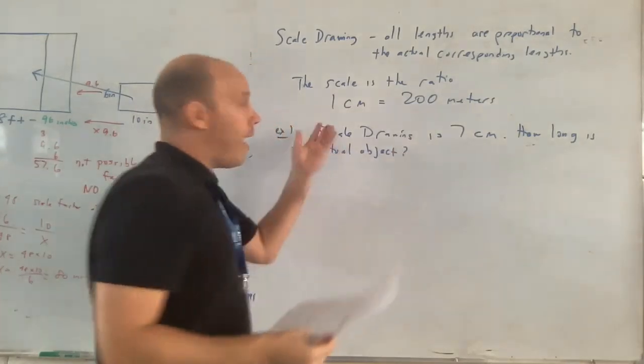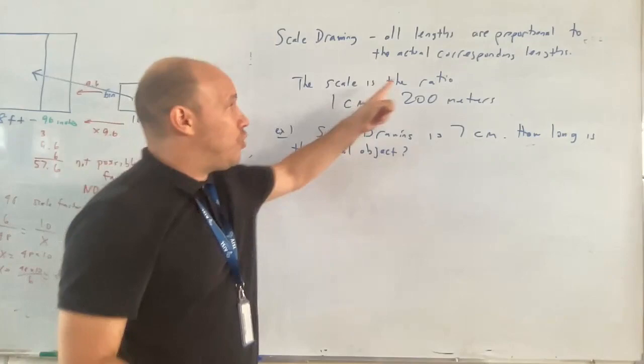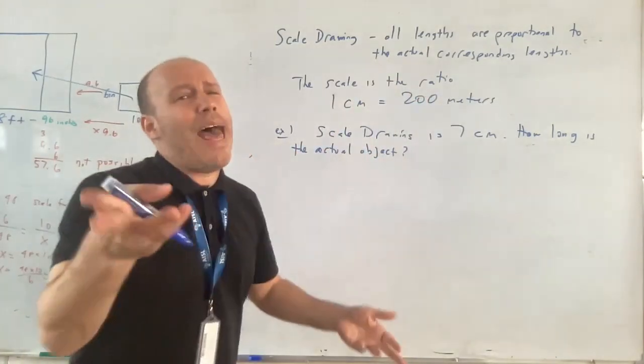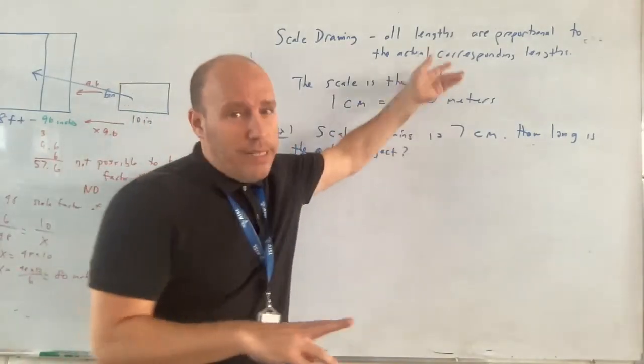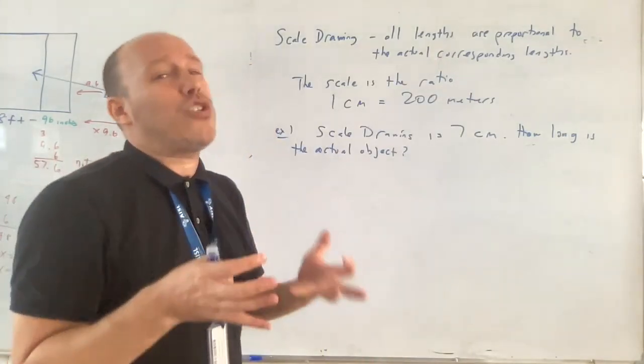And you say, okay, no big deal, because I know that 1 centimeter represents 200 meters. So in your head, 7 represents 1400. That's right. Let's get an equation down.